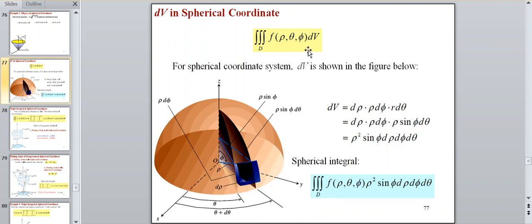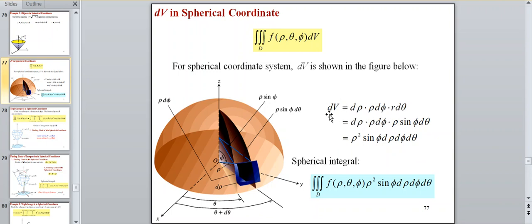First of all, let's see what is dV in a spherical coordinate system. We know that dV in Cartesian coordinate system is dz dy dx. In cylindrical coordinate system it is r dz dr d theta. But as you can see here, there is some calculation, you may read it, but it doesn't matter.